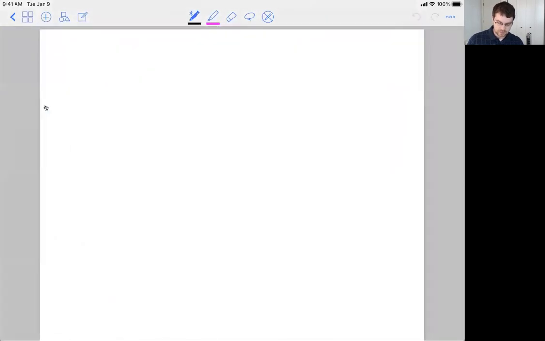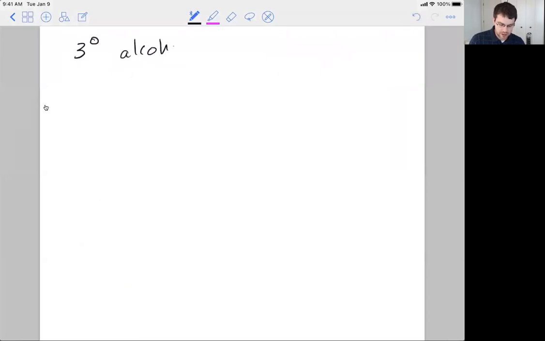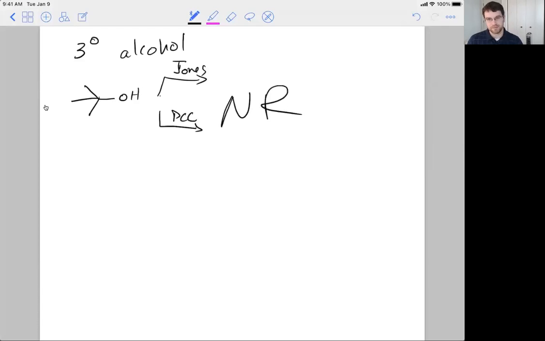However, if we move on to the tertiary alcohol, tertiary alcohols are alcohols where the carbon bearing the OH group has 1, 2, 3 groups attached to it. And so what we need to do is consider both conditions. And this is another case where both conditions will give us the exact same product, which is no reaction.